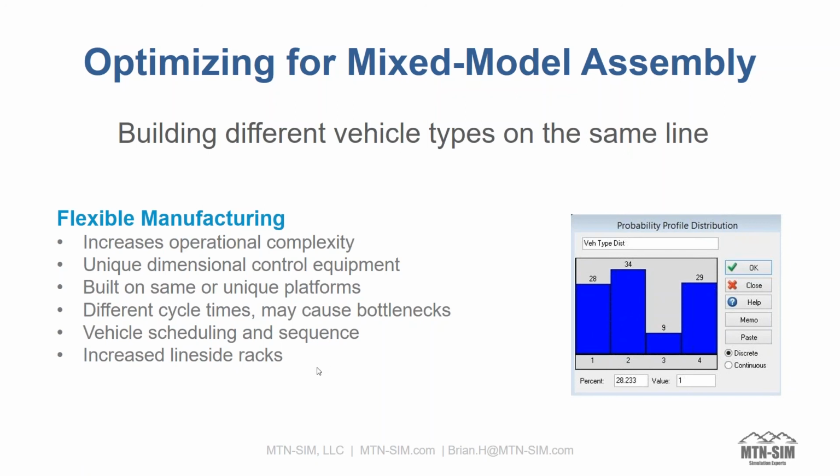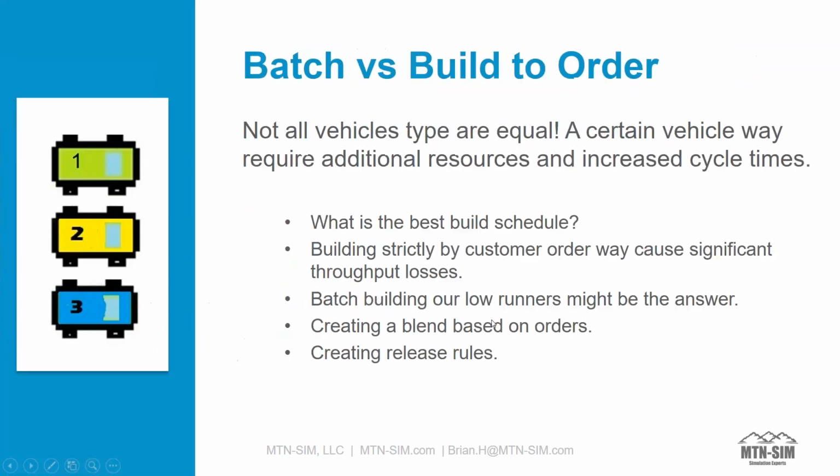And each one of these vehicle types might have unique cycle times. So, we talked about in the design phase coming up with optimal line rates and station work cell rates, and balancing manual and automated operator cycle times. How is that going to affect us when we're looking at each one of these vehicle types having a unique set of cycle times for both automated and manual?